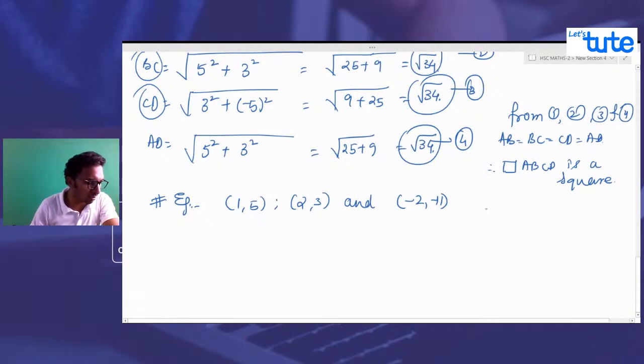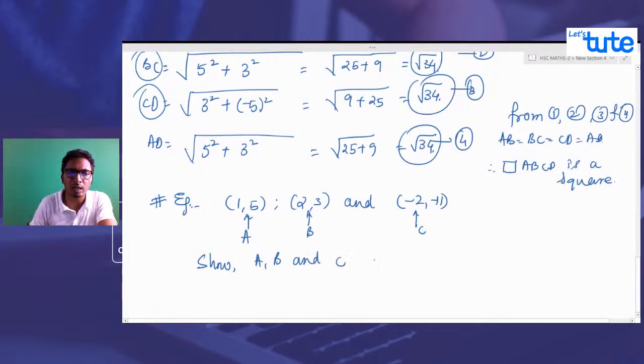So first of all, let us give names to these points. Okay, let us say this is A, this is B, and this is C. So we have to show that A, B, and C are collinear.